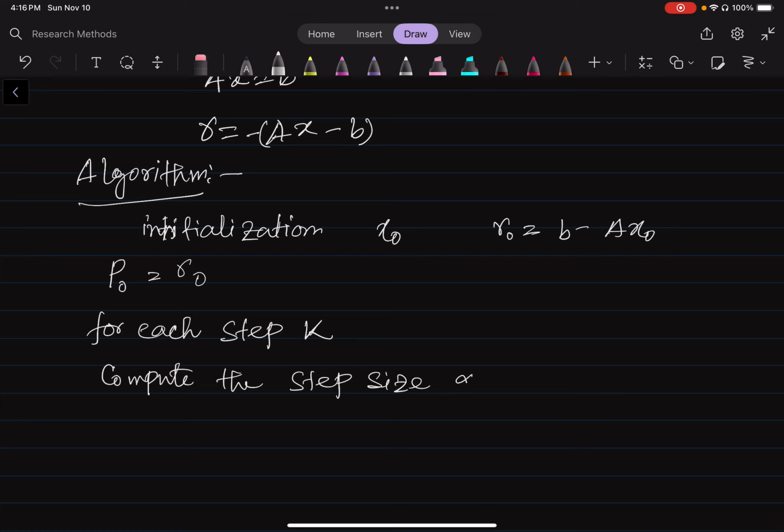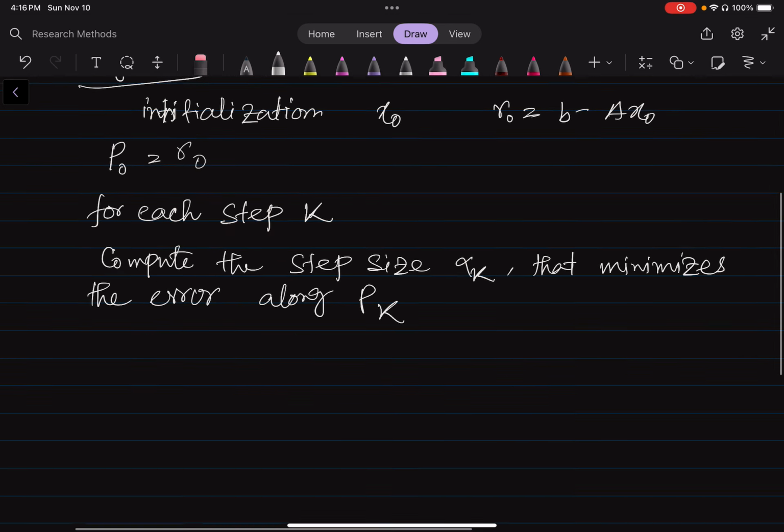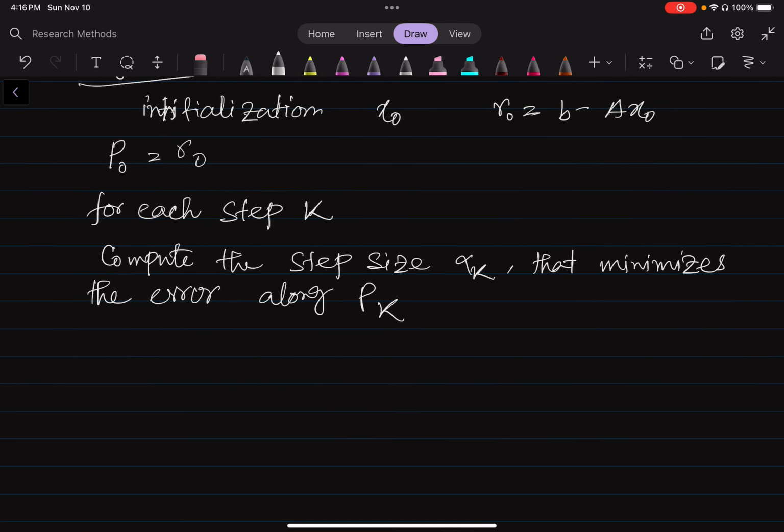This alpha k is rk transpose rk divided by pk transpose A pk.